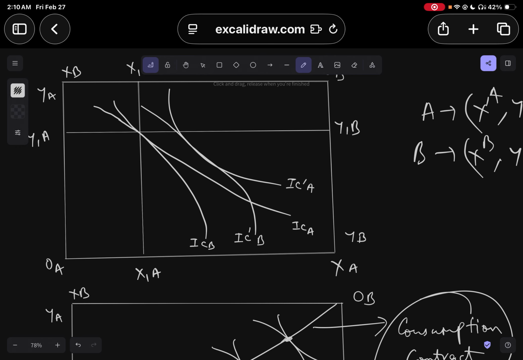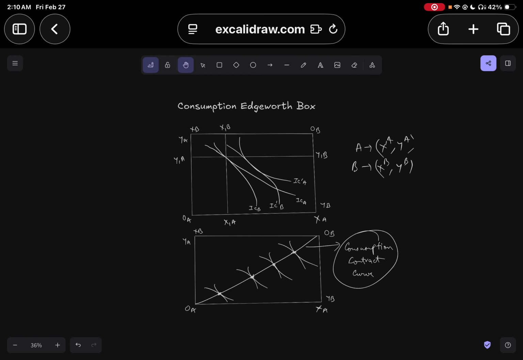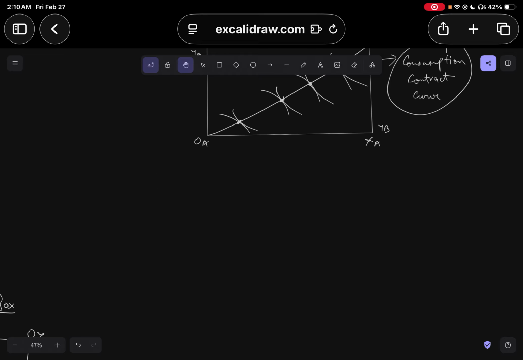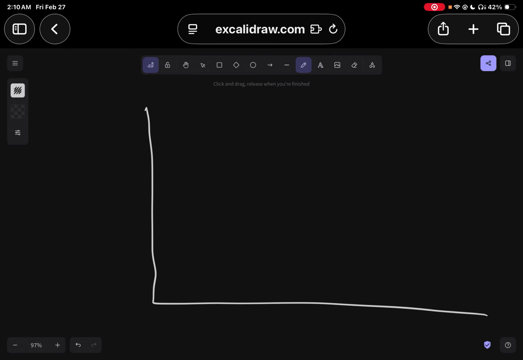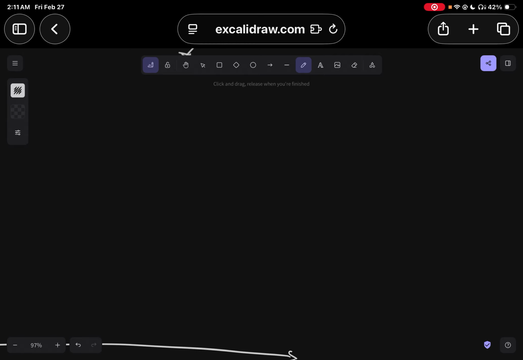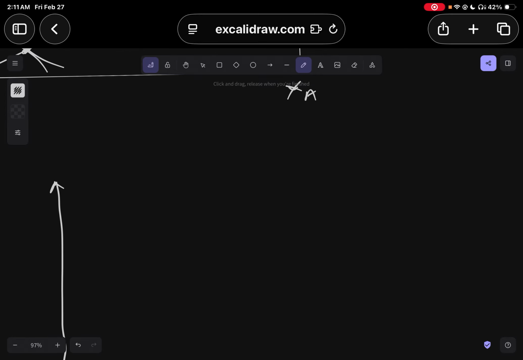Now we draw the production possibility frontier, or PPC. But let's first draw an Edgeworth box for this.